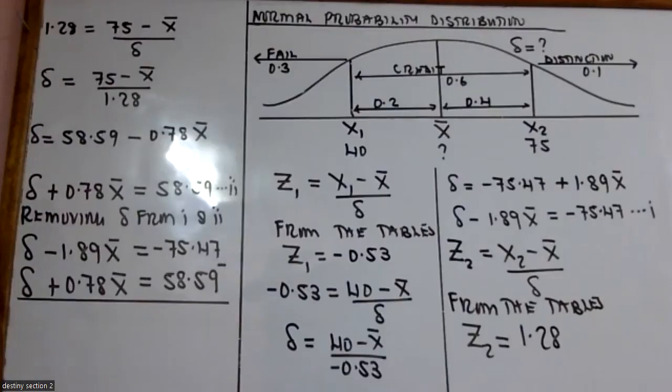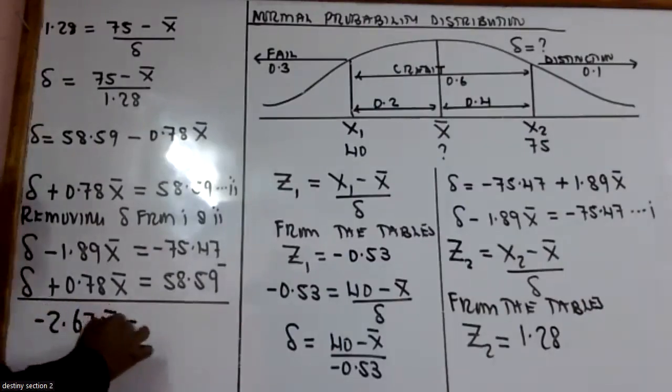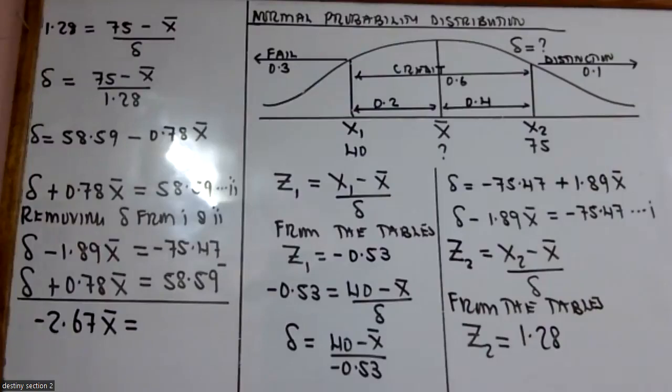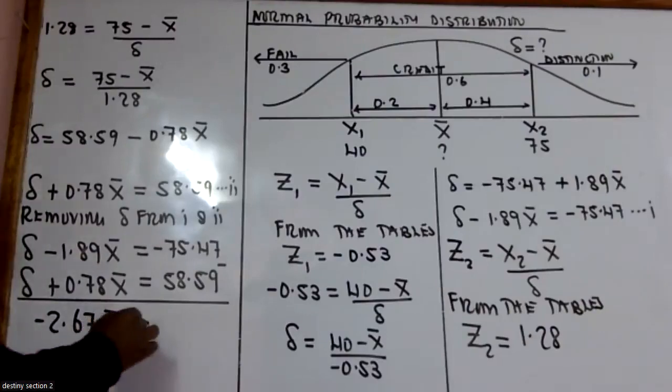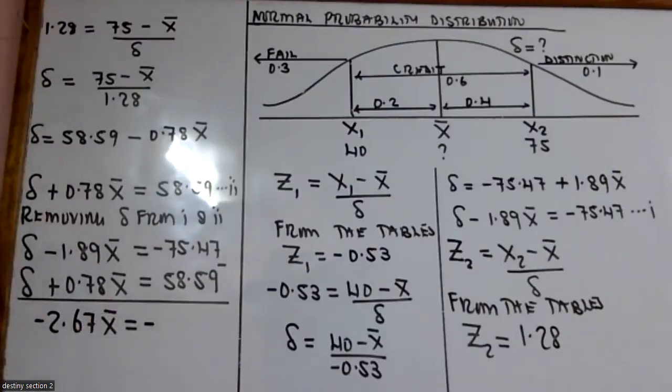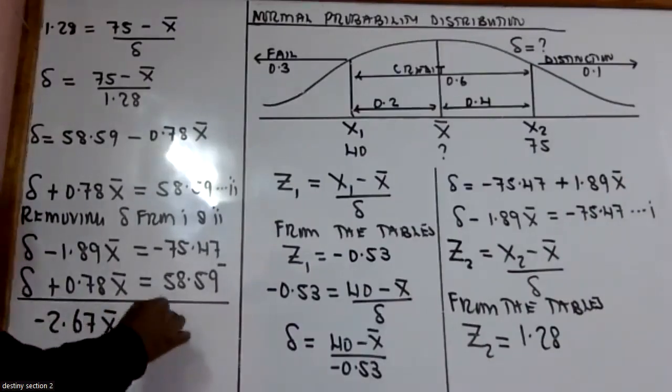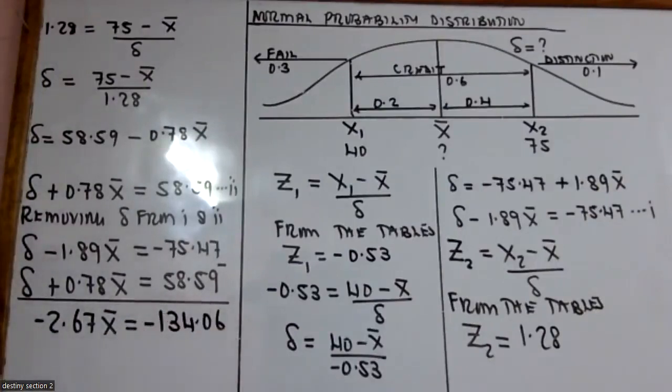Minus 2.67 x bar. Haya, hii ingine 75.47 and 58.59 when you subtract, napata negative 134.06.